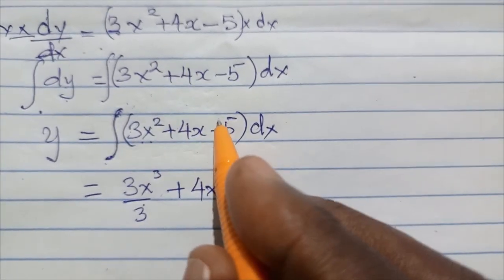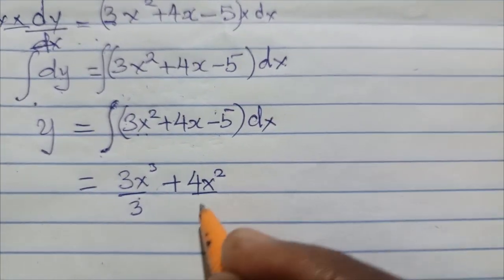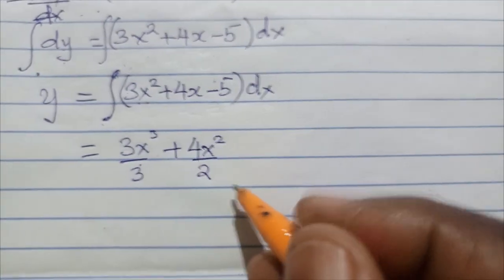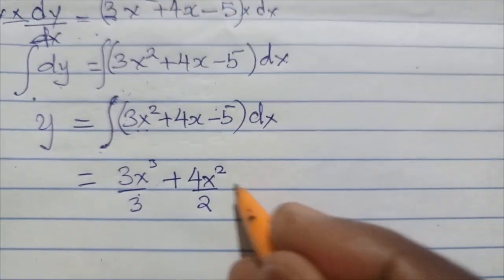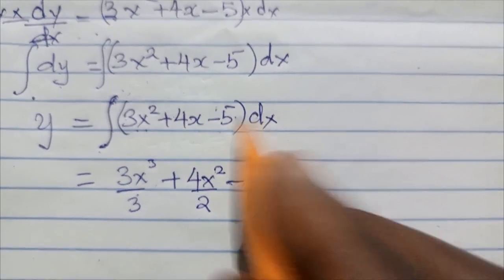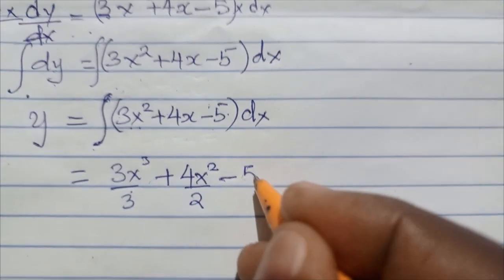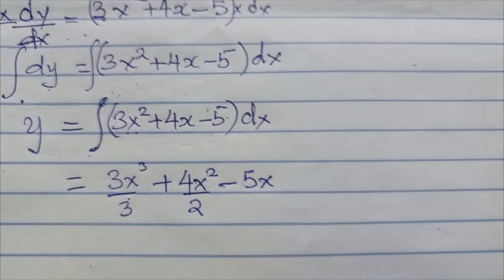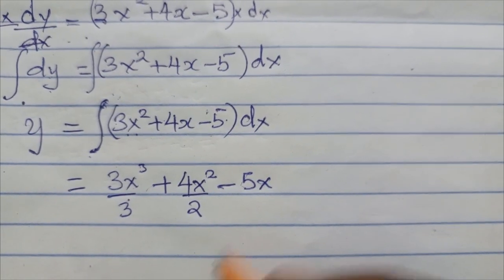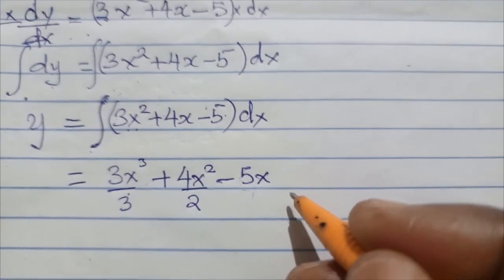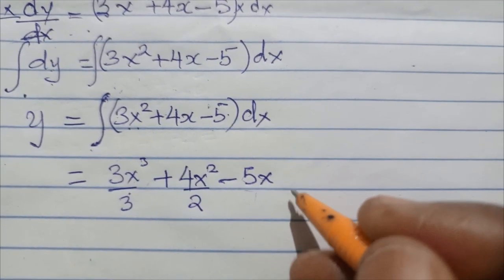The power of x increases by 1 and we divide the term by the new power, which is in this case 2. Now here the power of x is 0, so the power of x increases by 1, so we'll have 5x to the power 1 over 1. But whenever the denominator is 1, we don't have to write it.